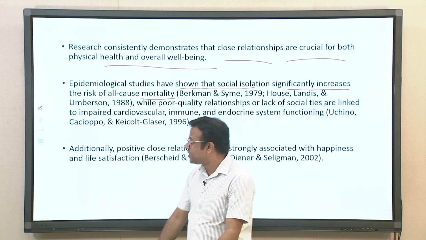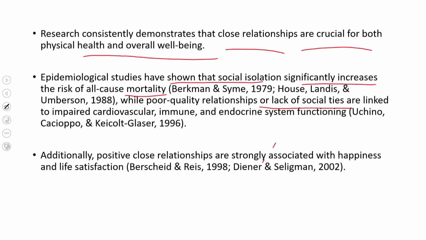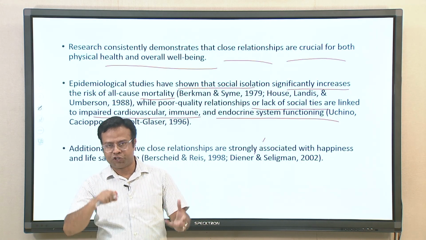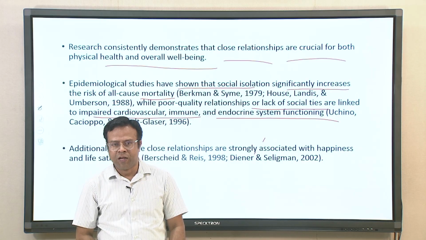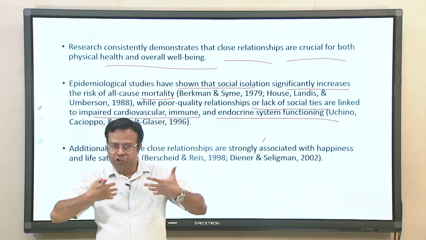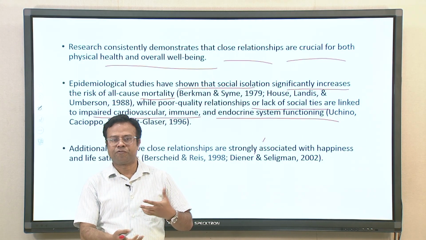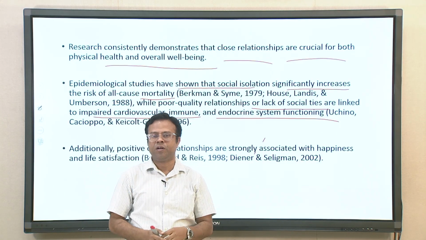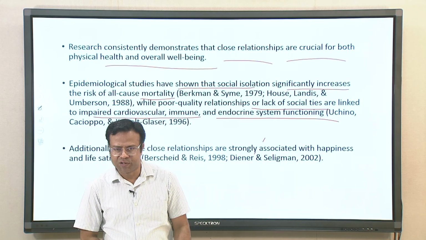Poor quality relationships or lack of social ties are linked to impaired cardiovascular, immune and endocrine system functioning. So, social isolation and lack of positive relationships can lead to a lot of physiological impact, like an impaired cardiovascular system, a decreased immune system, and problems with the endocrine system and so on.